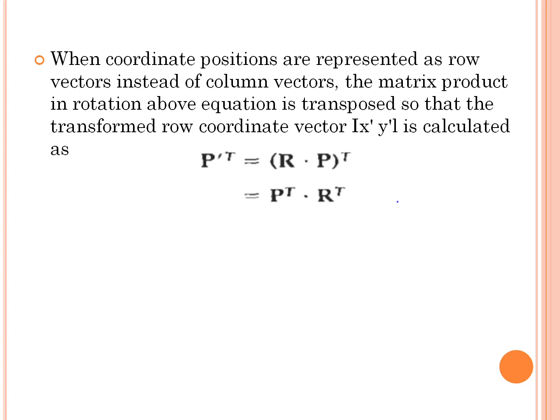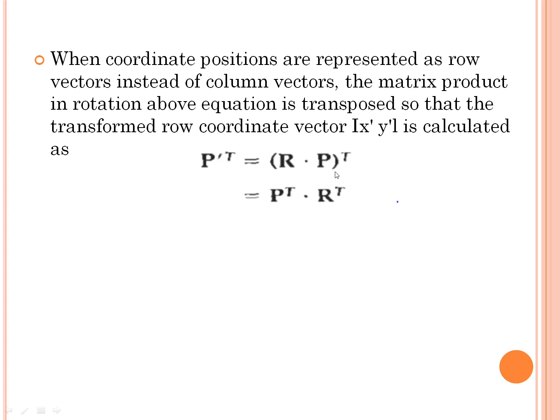When we have learned matrices, if we want to convert a row vector into a column vector, we just transpose it. So we transpose both sides, LHS as well as RHS.